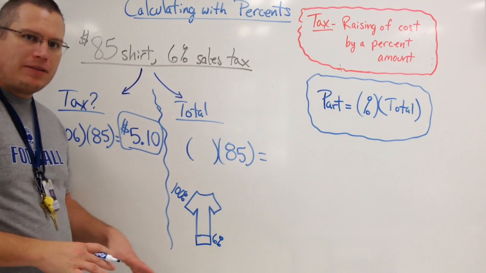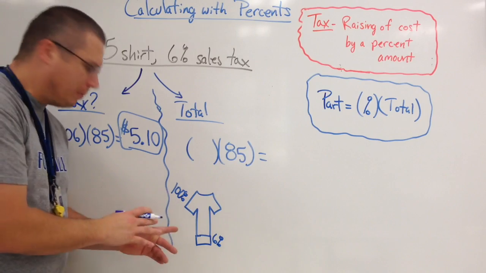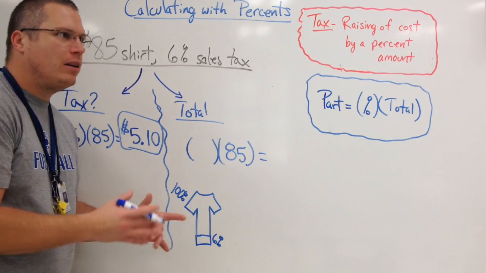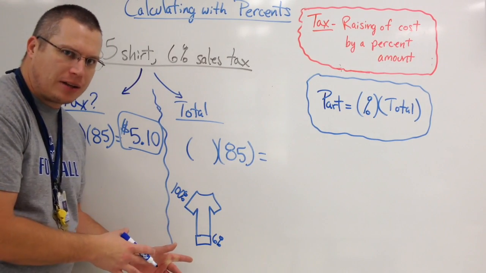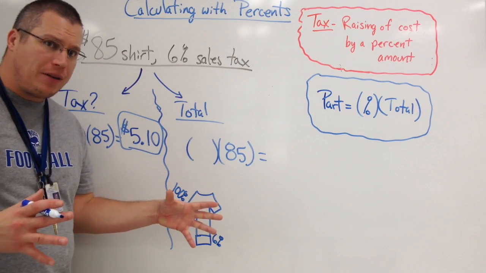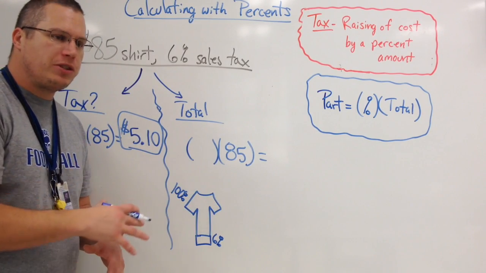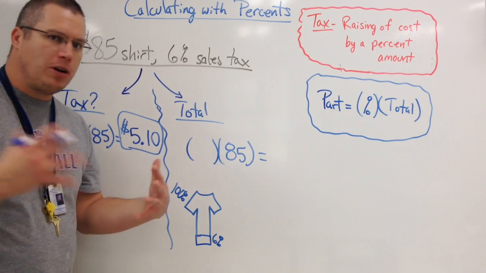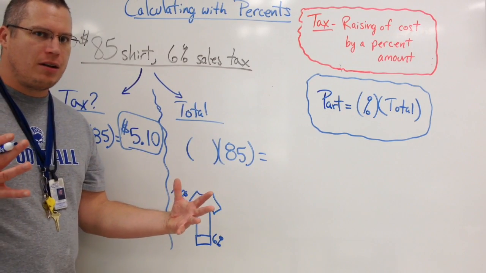So not only do I have to spend money for 100% of the shirt, I also need 6% for the sales tax. So if I put that all together, what percent am I actually paying for? Let's see, 100% of the shirt, 6% of the sales tax, put them together, it's 106%.